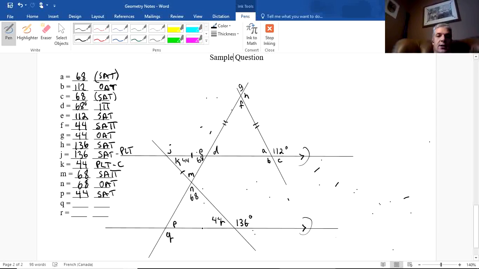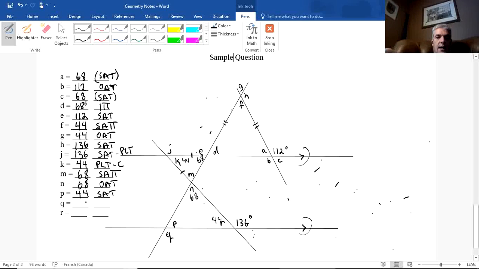That tells me that this here must be adding up to 180. So again, it's 180 minus 68, subtract another 44, because the sum of the three angles of a triangle have to equal 180 degrees. So that answer works out to 180 minus 68 minus 44 works out to 68 degrees.